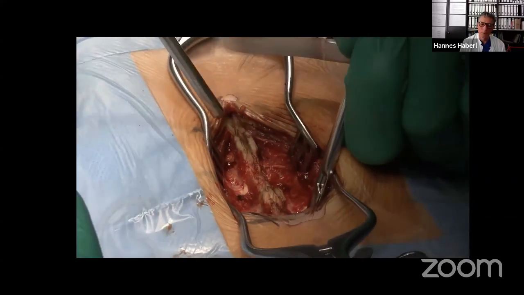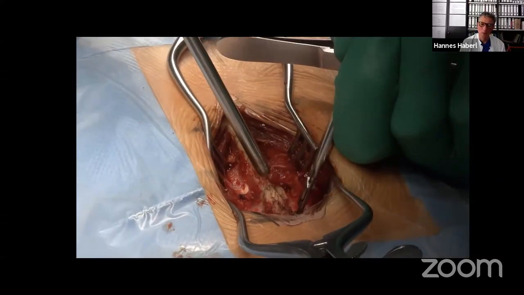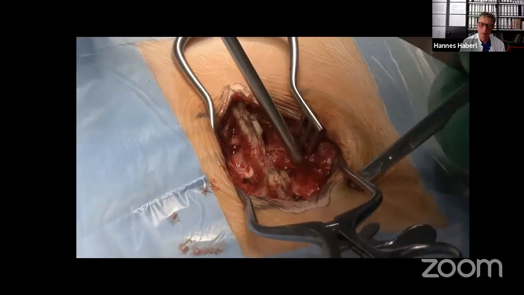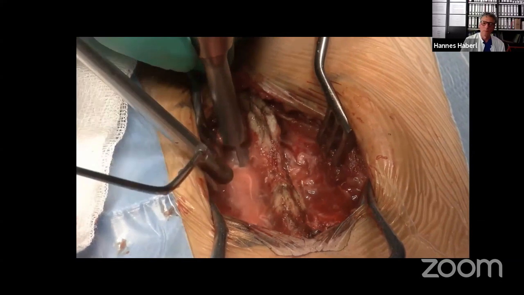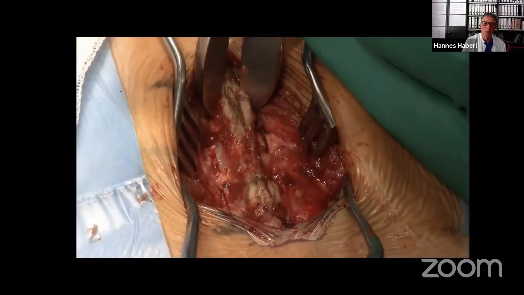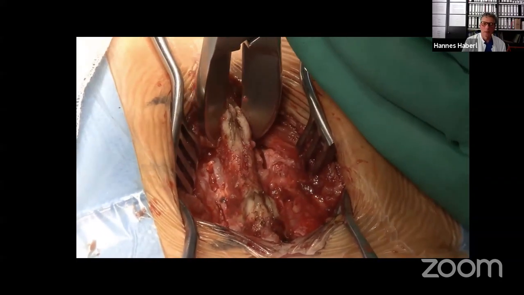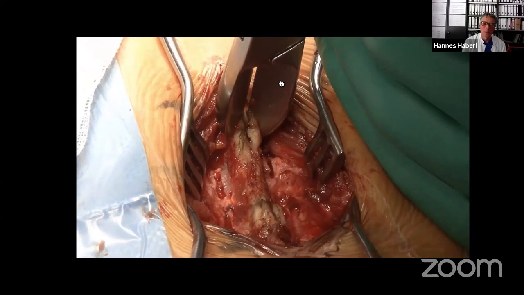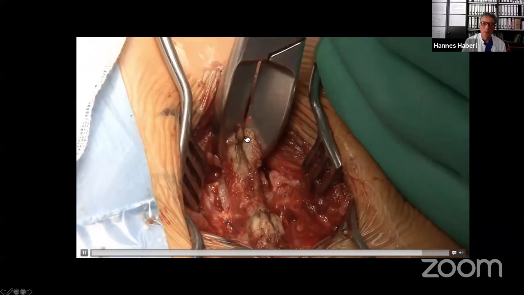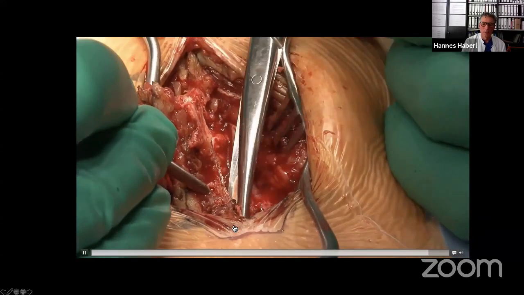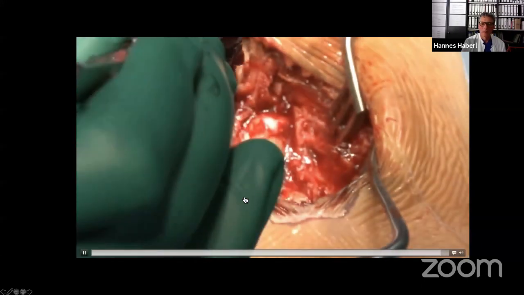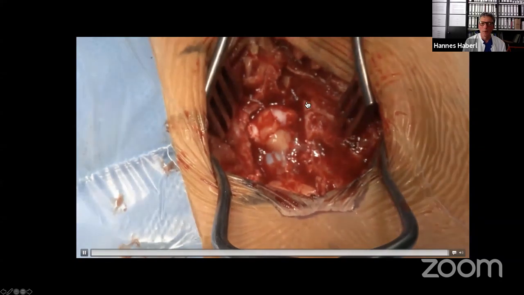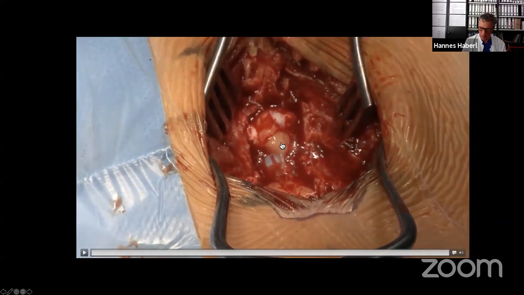We just open the interlaminar window with a little punch, and then we take out 1 lamina and we split obliquely the spinous process above and below the level we want to take. And then we end up with one single level opening.